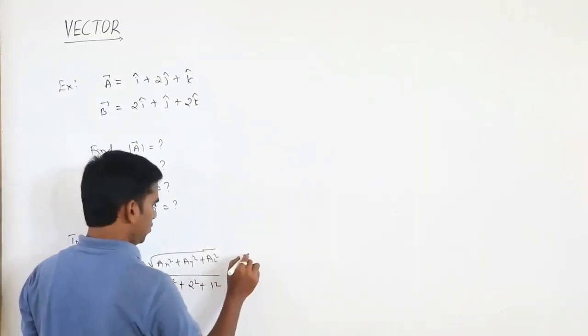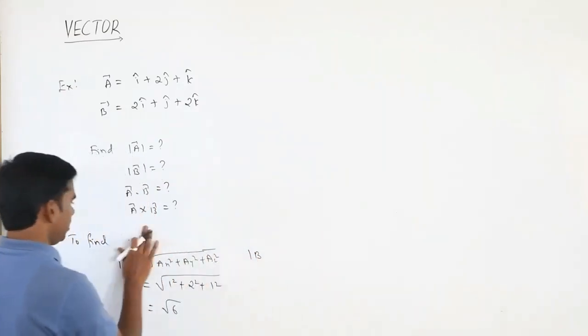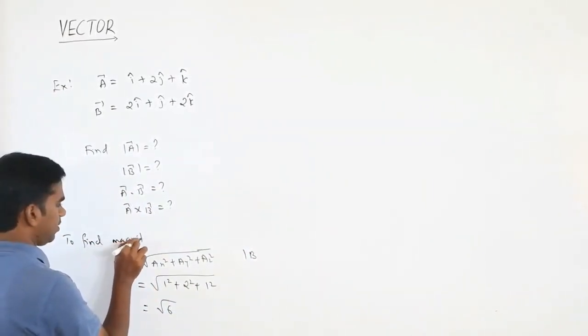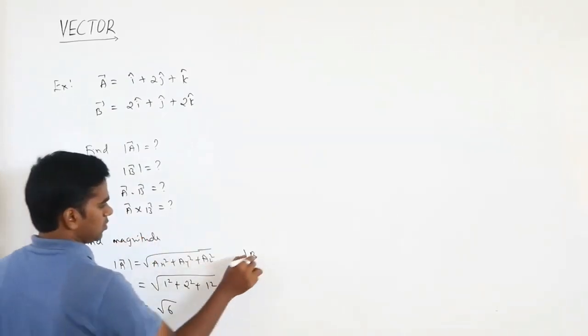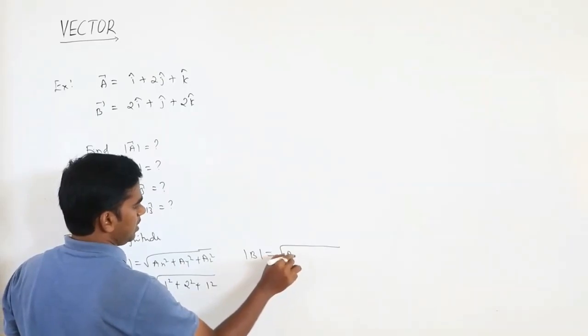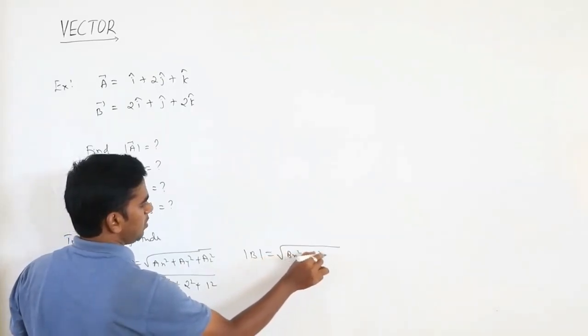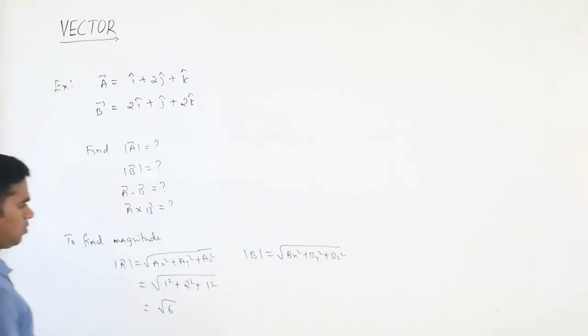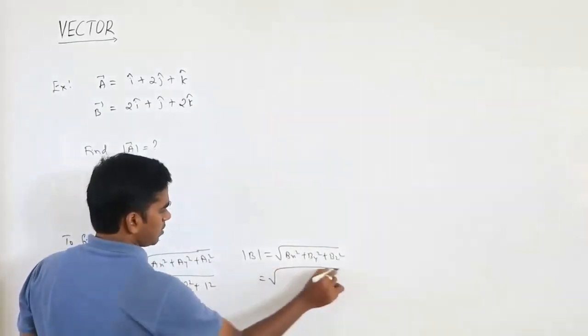So to find the magnitude of B, let me write. Magnitude of B equals the root of bx square plus by square plus bz square. So what will be the answer?